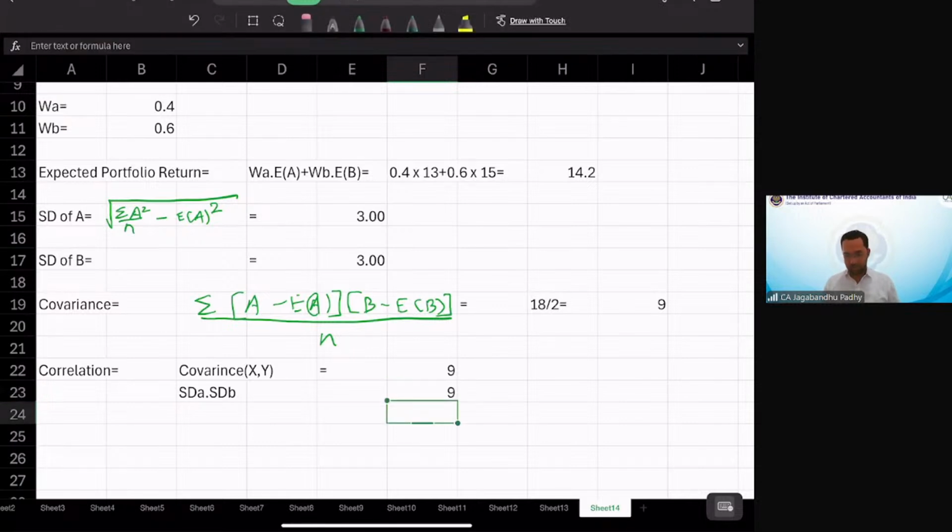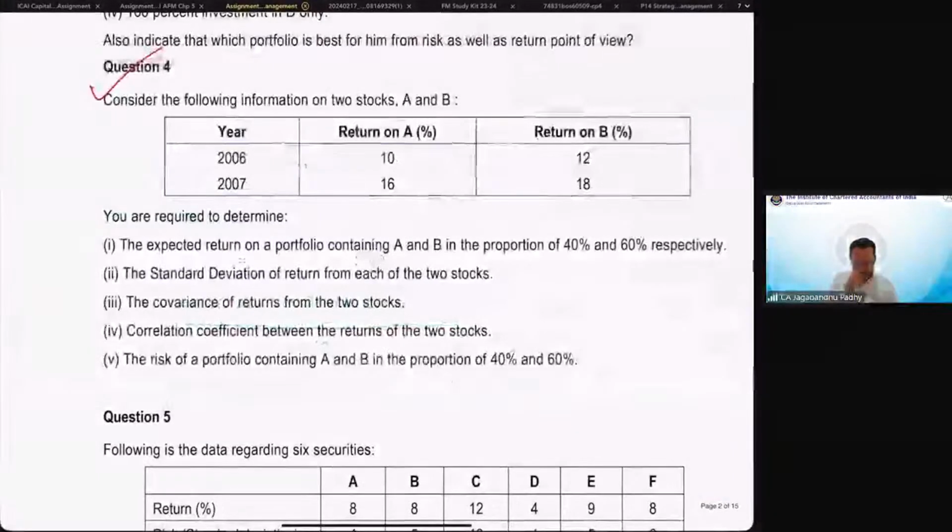And of course, again multiplied by 3. So the correlation number is 1. Correlation is 1.